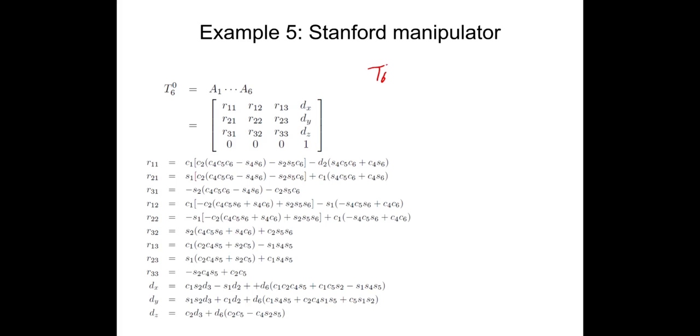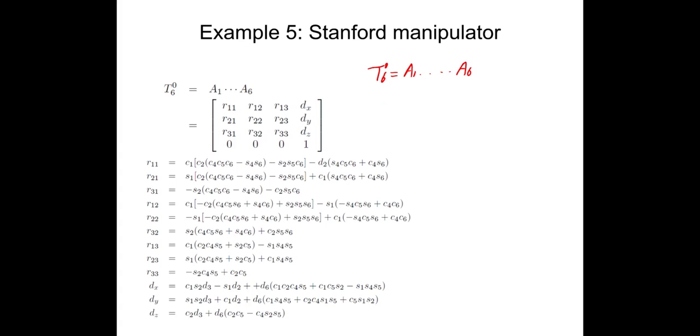To calculate T6 with respect to 0, it means the final position and orientation of the end effector with the reference frame 0, so I have that as A1 times A2 all the way times A6. Each A is a transformation between two frames, so the last row must be 0, 0, 0, 1.